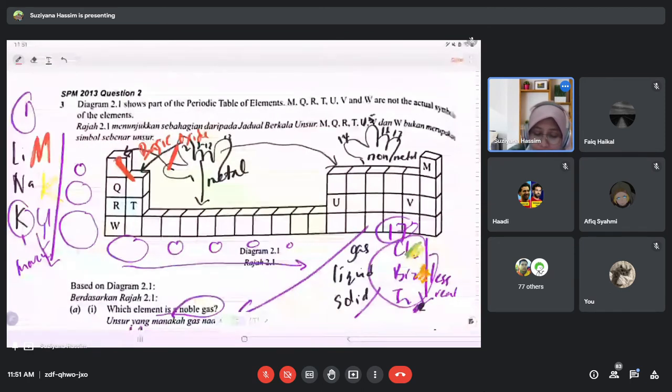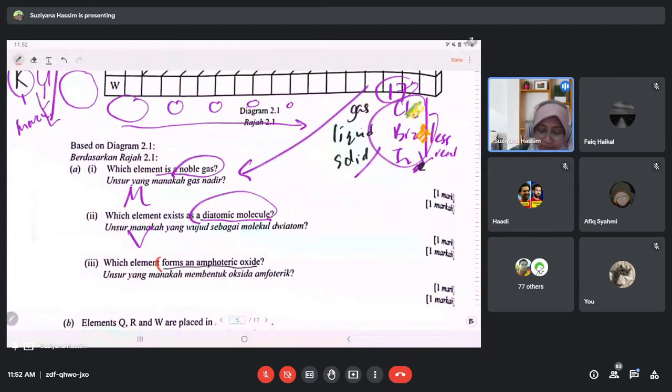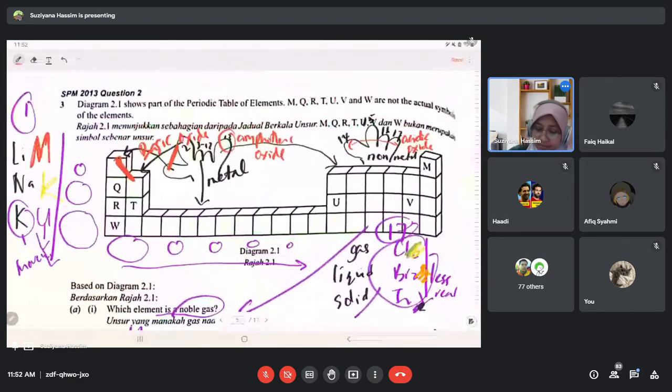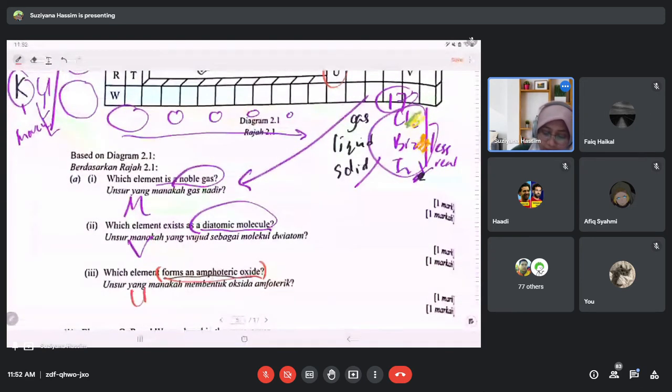Okay. 13 and 14, amphoteric oxide. 17 until 14 and 17, acidic oxide. Okay, acidic oxide. So let's go. What's the answer element? 13. So U is here. If they ask you the name, the element is aluminium.